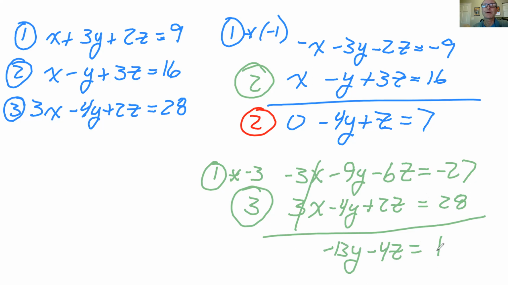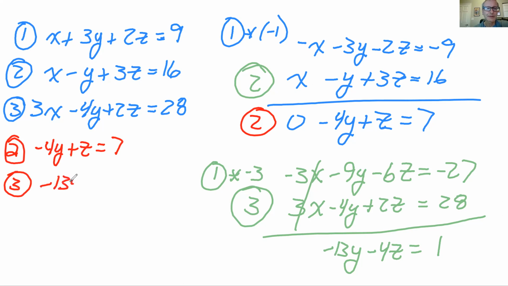So when we reorient this, let me do this in red. Our new equation 2 is minus 4y plus z equals 7. And our new equation 3 now is minus 13y minus 4z equals 1.